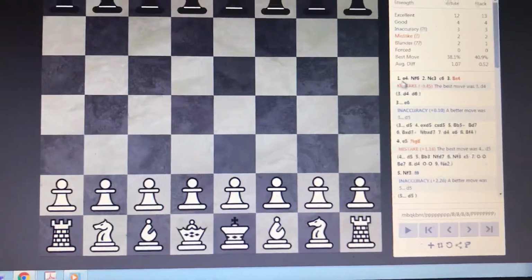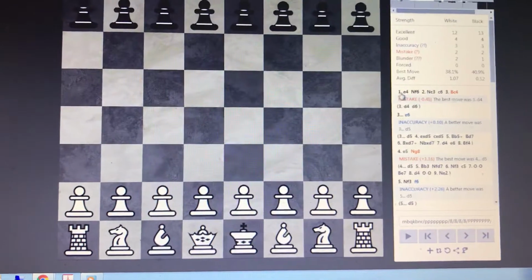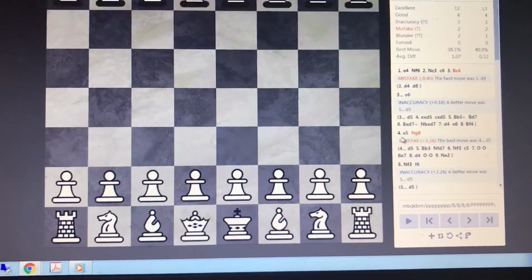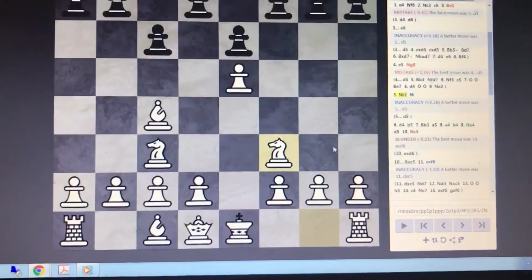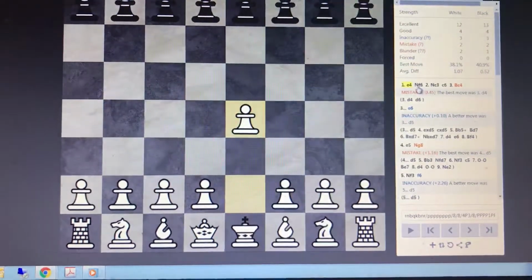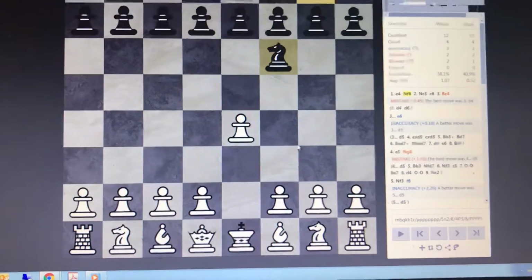So the number 1 period means white is moving to E4. So all these 1 period, 2 period, 3 period, 4 period, 5 period, they're all white moving from one place to the next. Now, if you click NF6, it's saying knight is moving to F6.